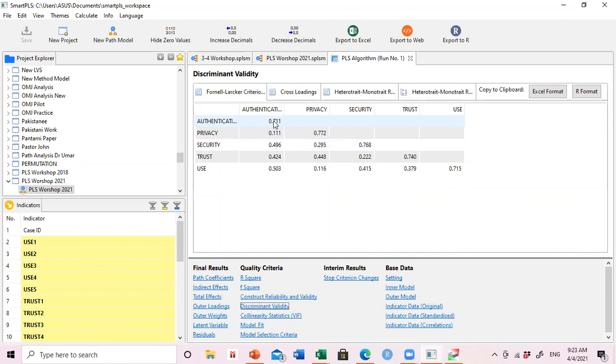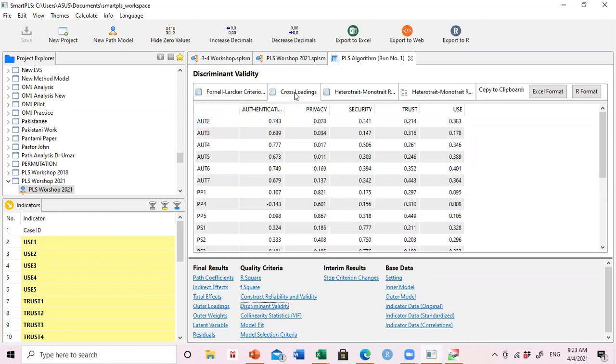The first number at the diagonal should be greater than what is down, and greater than what is left. Any number that is not greater than what is up or down, or up or right, means that there is an issue of discriminability using the Fornell-Larcker criterion.